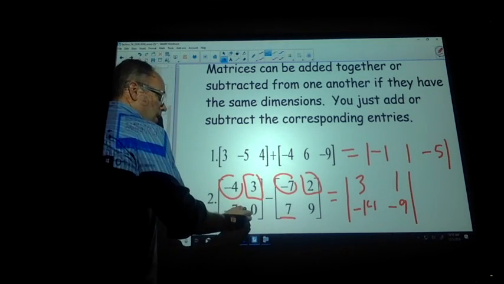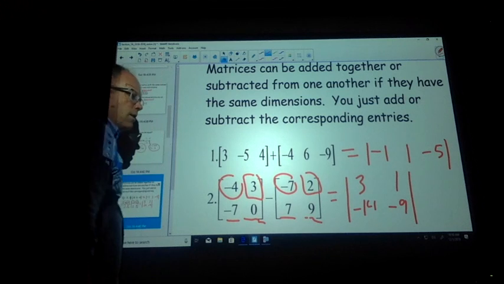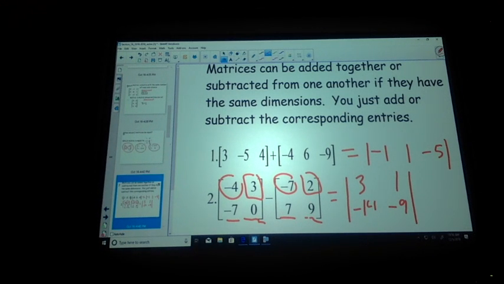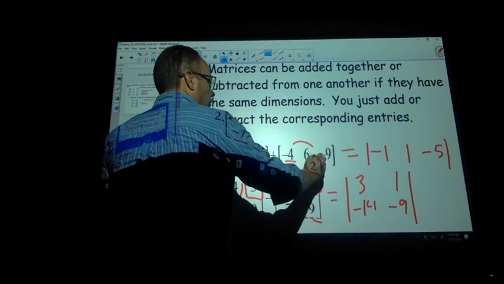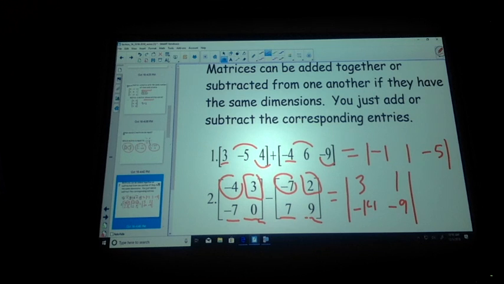This and this. And this and this go together. Cool? And then same thing here. This goes with this. This goes with this. This goes with this. Cool? Everyone feel comfortable so far?